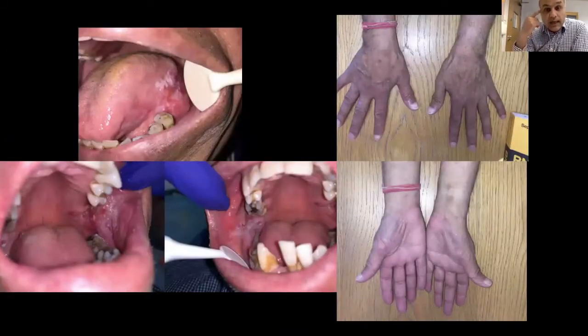So this is a more mucocutaneous condition. This is different types of oral lichen planus. Most common is a faint lace-like, gossamer-like changes on the buccal mucosa or the lip or the tongue. This is slightly more prominent, more erosive areas here, something like this.